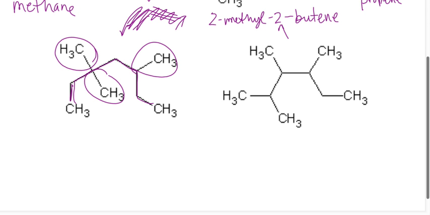So it's not really even to go either way. Which one is the best way to go? From the left. 1, 2, 3, 4, 5. This gets me 2 methyls on 3 versus if I went that way, I'd only have 1 methyl on 3. Right? So what do I call this?